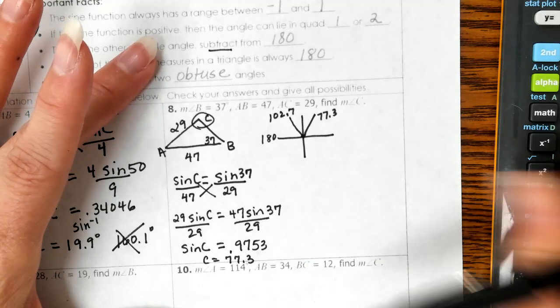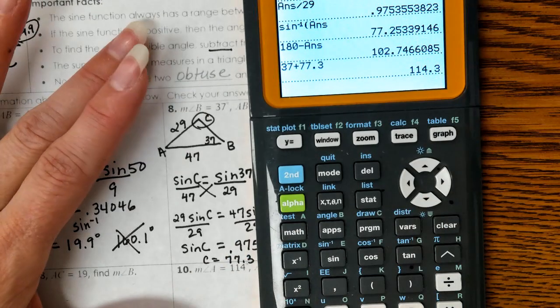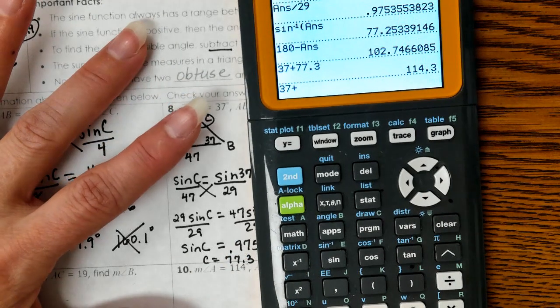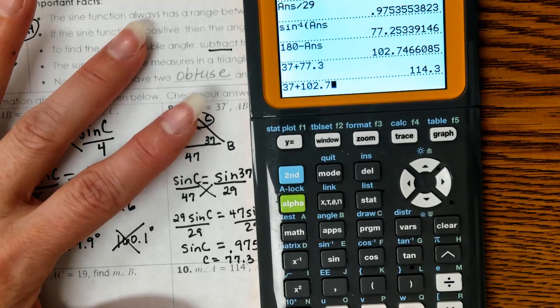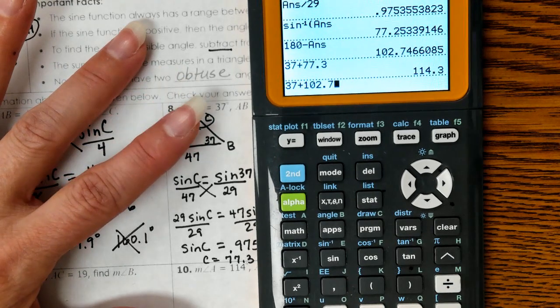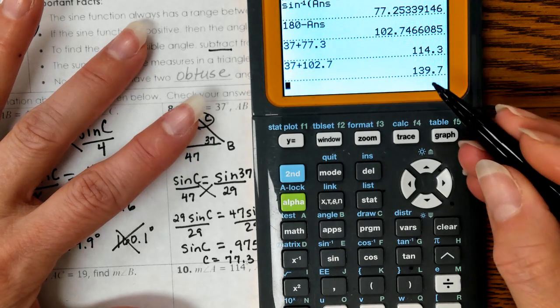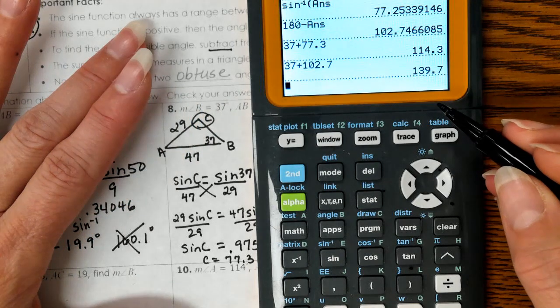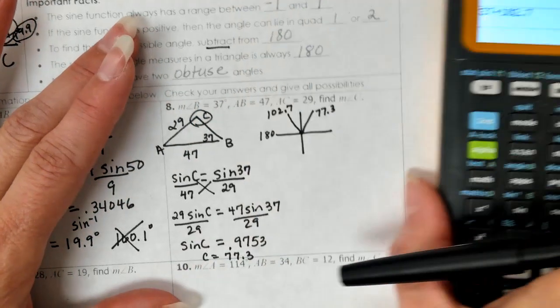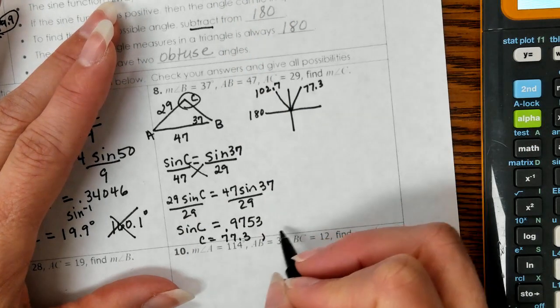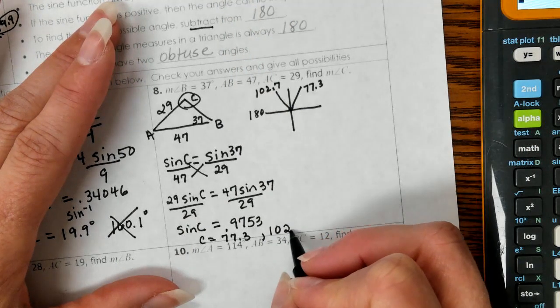So 77.3 is a good answer. Now we need to see, what about 37 and the 102.7? Is it also going to work? Well, does it leave room for angle A? Yeah, it does. Guys, this is a case where both of the answers can work.